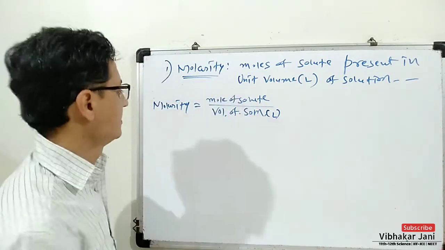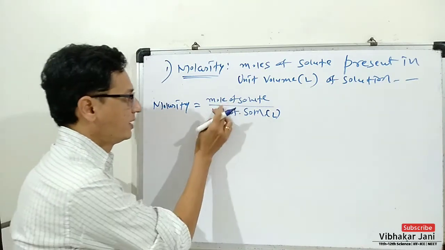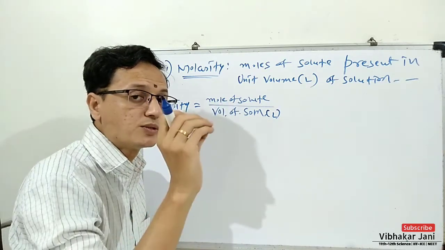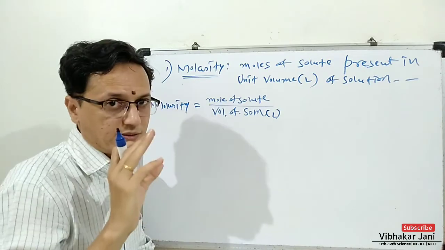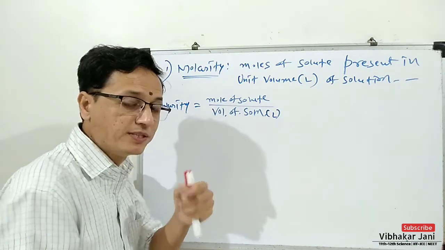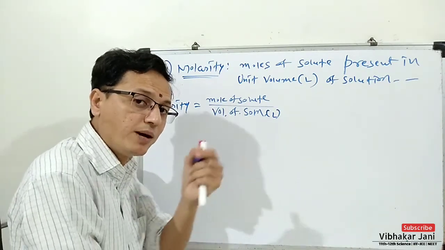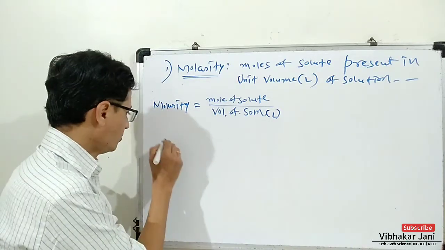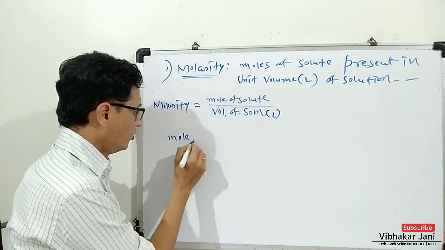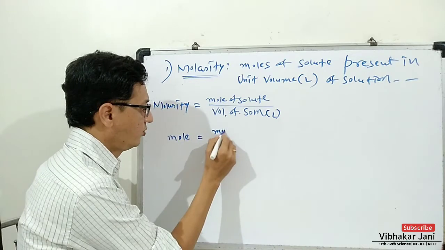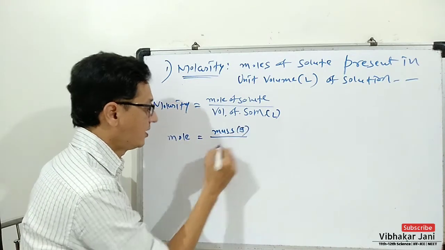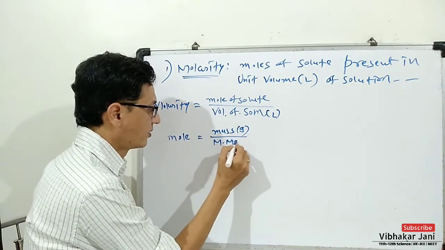So let us convert this formula. We know that mole is equal to mass per molecular mass. Here moles of solute means mass of solute divided by molecular mass of solute. So we know that mole is equal to mass in gram upon molecular mass.